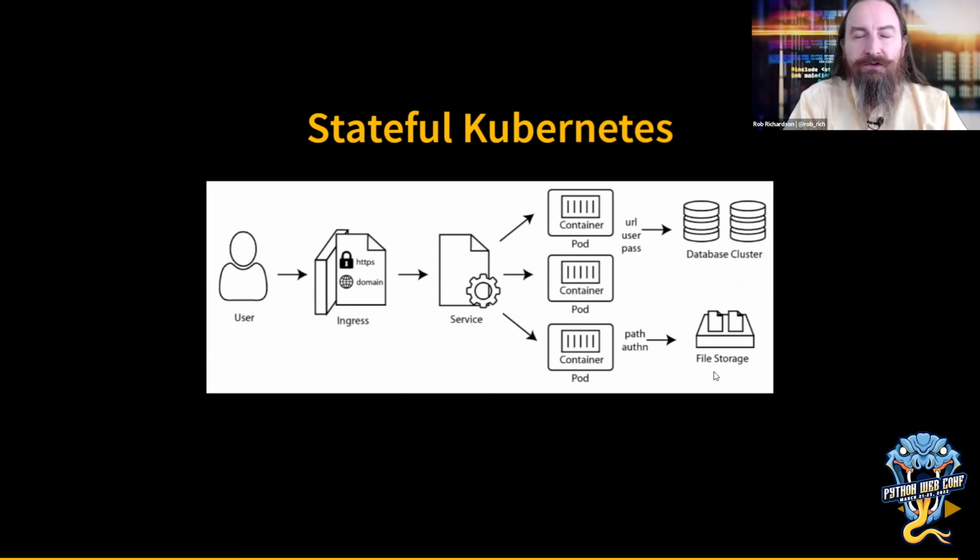We have file storage. In our most naive case, we just identify the volumes inside of our pod definition. But if we need to, we can separate that out into persistent volumes and persistent volume claims. We have storage. We break that storage up into persistent volumes. We can claim one of those volumes and we can attach it to a container at a particular URL.